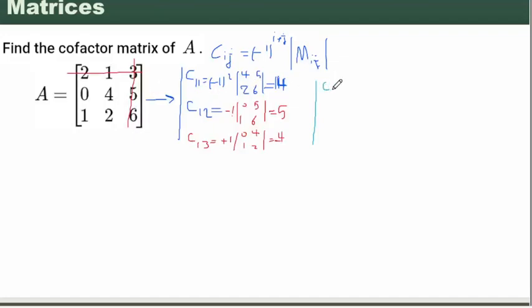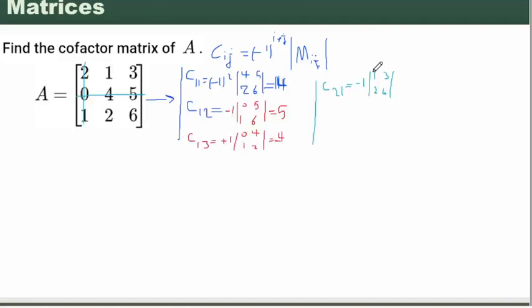I see C21 equals negative 1 to the power of 2 plus 1, 3, and negative 1 to the power of 3 gives me negative 1, and I have to find the determinant of a matrix obtained by deleting second row and first column, which is 1, 3, 2, 6.